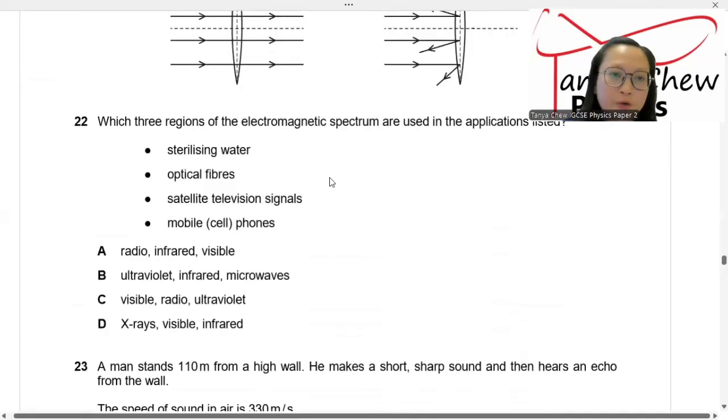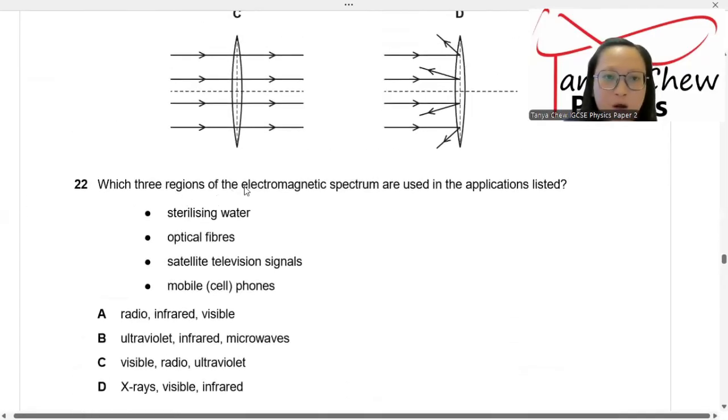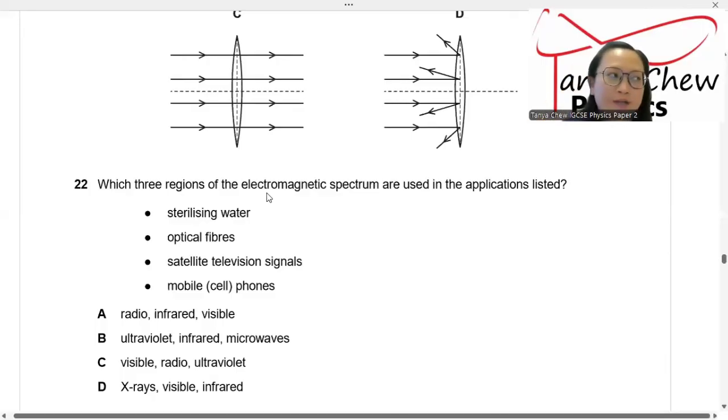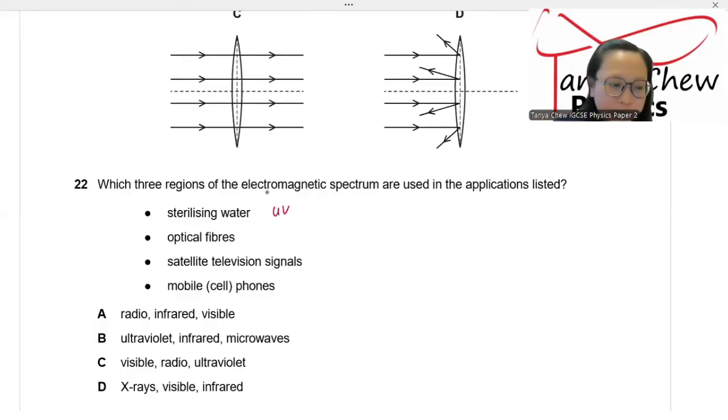Number 22, which three regions of the electromagnetic spectrum are used in the applications listed? Sterilizing water, optical fibers, satellite television signals, mobile phones, right? Sterilizing water, actually you can use UV.